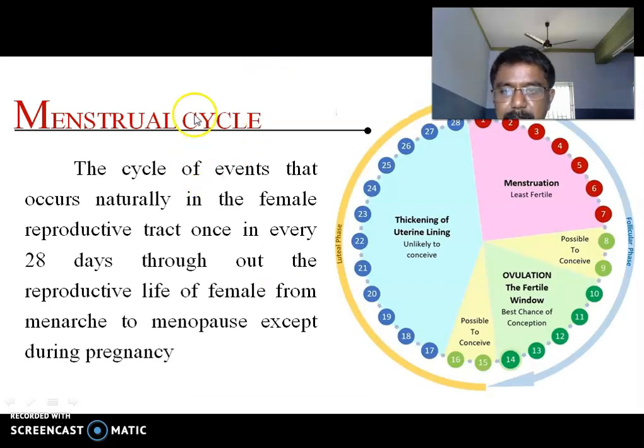Next, menstrual cycle. The cycle of events that occurs naturally in the female reproductive tract once in every 28 days, throughout the reproductive life of a female from menarche to menopause, except during pregnancy. Menopause is the period without menstrual cycles, the absence of menstrual cycles in females after the age of 50 years.